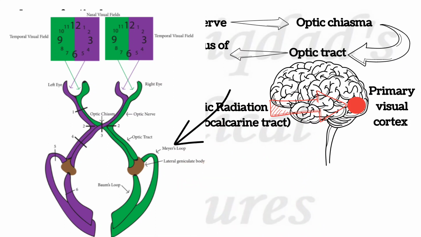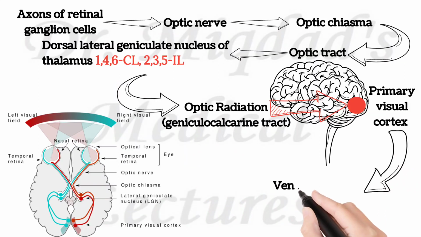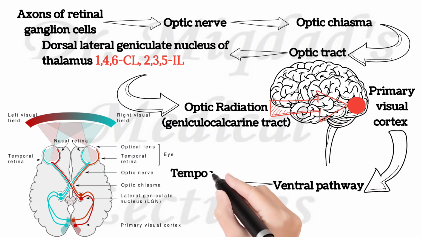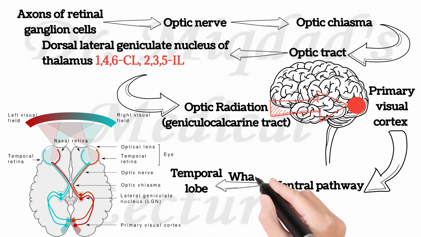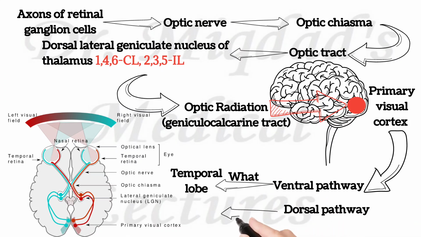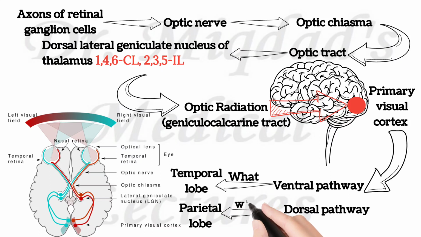The primary visual cortex constitutes the first level of cortical processing of visual information. From there, the information is transmitted over two major pathways: a ventral pathway into the temporal lobe, which carries information about what the stimulus is, and a dorsal pathway into the parietal lobe, which carries information about where the stimulus is.